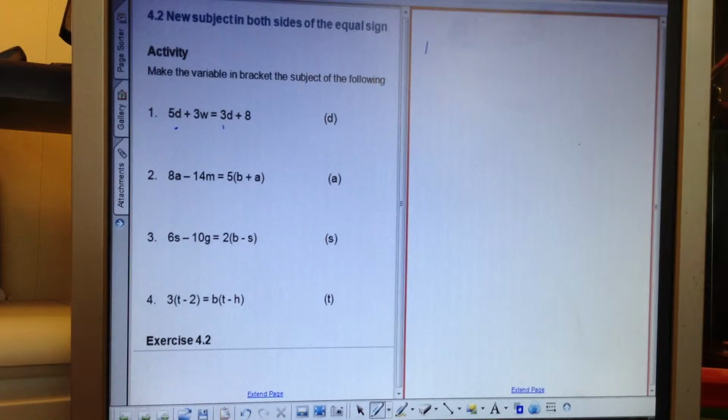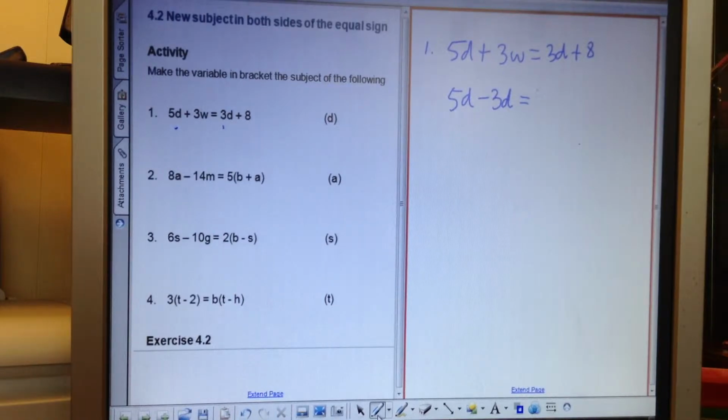So let's start with the first one. We have 5D add 3W equals 3D add 8. We start by grouping the terms which have our subject in it. So we're going to have 5D minus 3D, then the other term should be on one side.